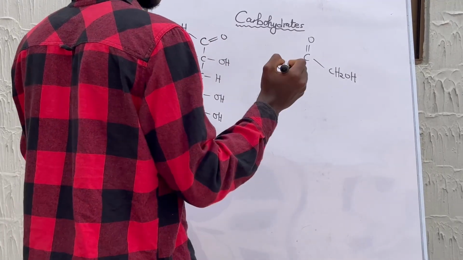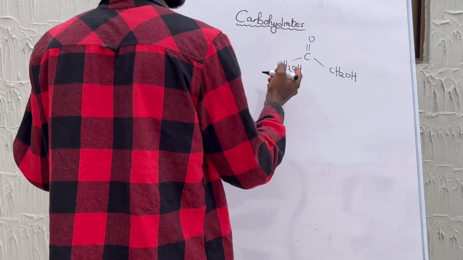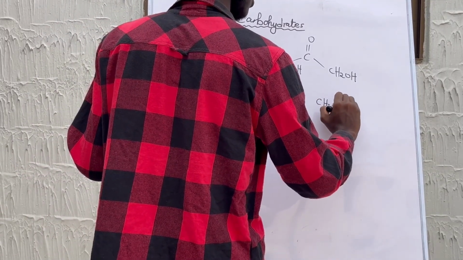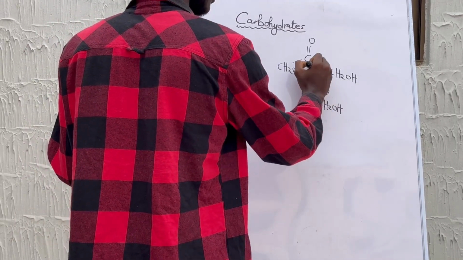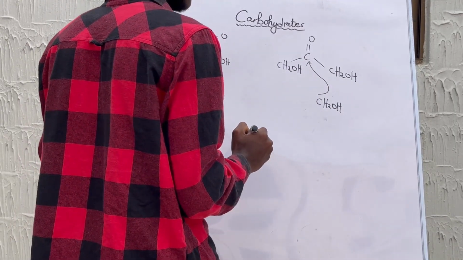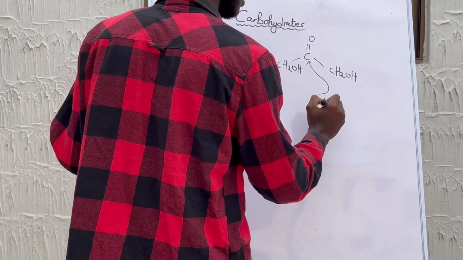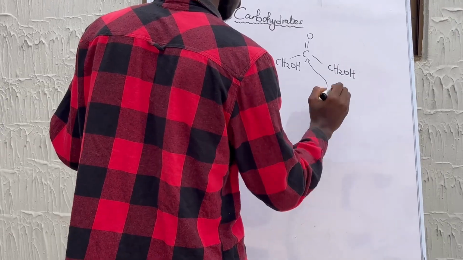Then, if you have an OH group, or a compound that contains an OH group, attacking this carbonyl carbon, for instance, let's say we are having CH2OH. If this OH is attacking this carbonyl carbon, I don't want to show the mechanism here, but what you are going to get is this CH2O.